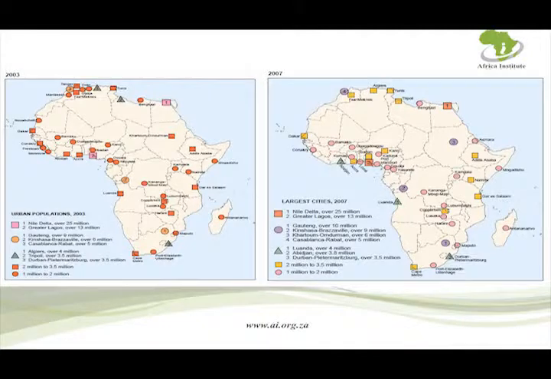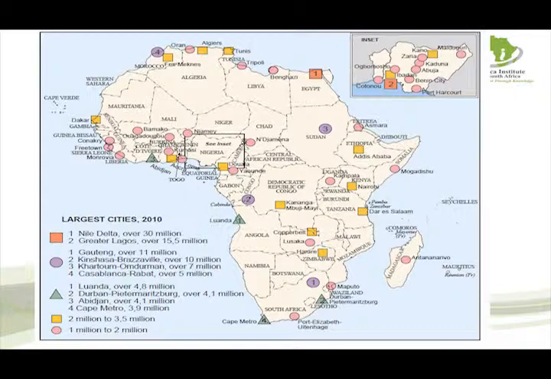Then the urban population growth, you can see it from 2003 up to 2007, and then in 2010 we have 51 urban areas with populations that are over 1 million. Africa has 2 urban agglomerations, that is the Nile Delta and then the greater Lagos area.